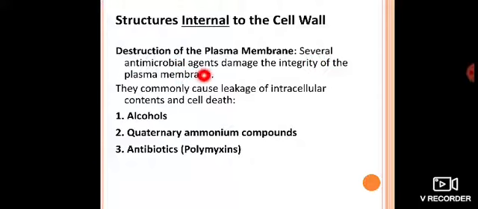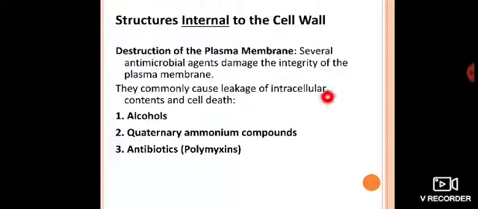Several antimicrobial agents damage the integrity of the plasma membrane. In the last two or three slides, we observed that the plasma membrane has huge functions, and if you use an antimicrobial agent to kill or inhibit the bacteria, and it reduces the synthesis of protein, the cytoplasm gets inhibited, and when synthesis in the cytoplasm is inhibited, all the activities of your bacteria can stop.